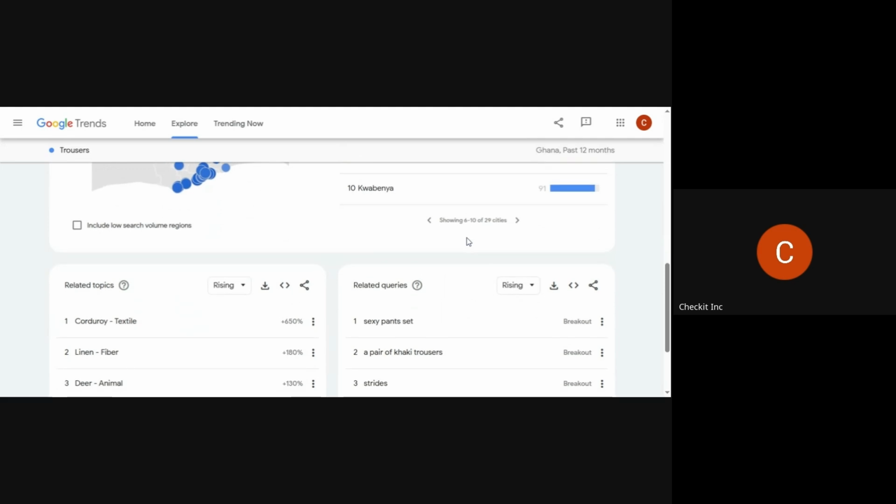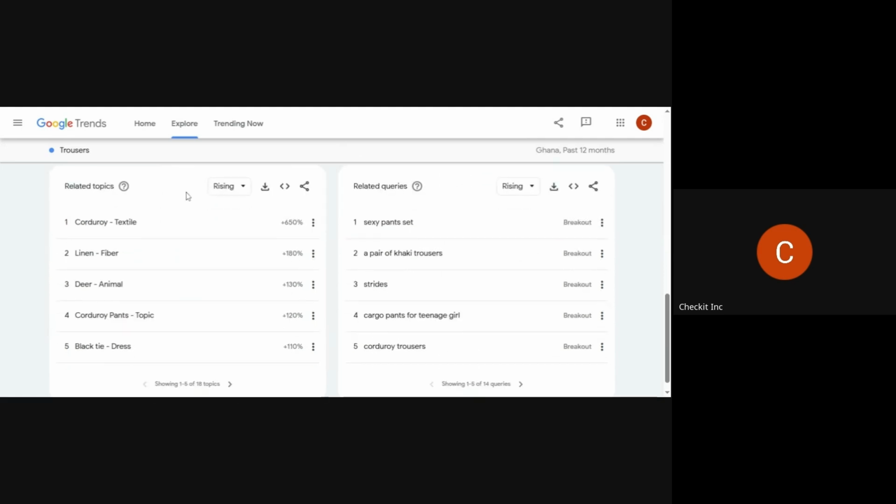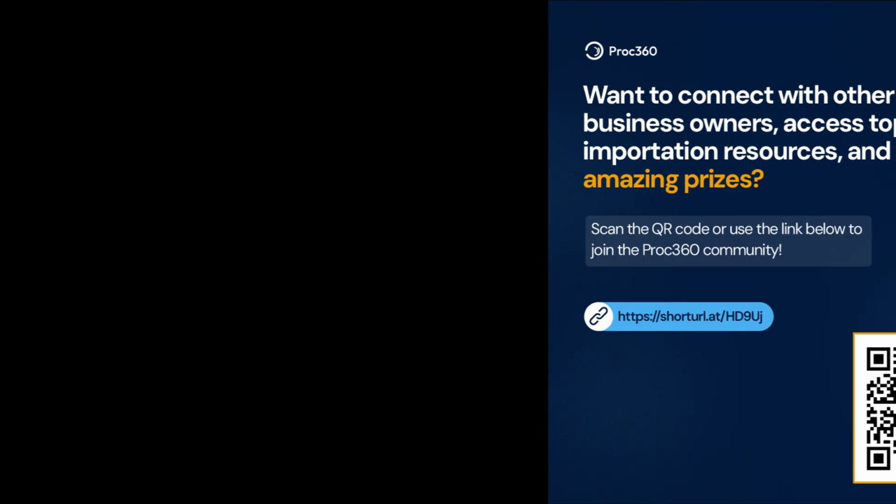So if you go down, you're going to see the related topics and the related queries I spoke about. The related topics are the wider range. It might not necessarily be what you're looking for. It could be something outside it, but Google Trends is going to bring it out for you because you could find something better than what you're looking for there.